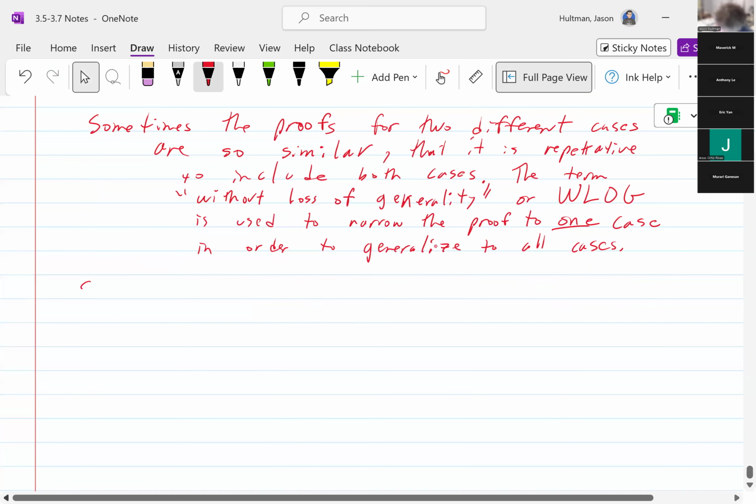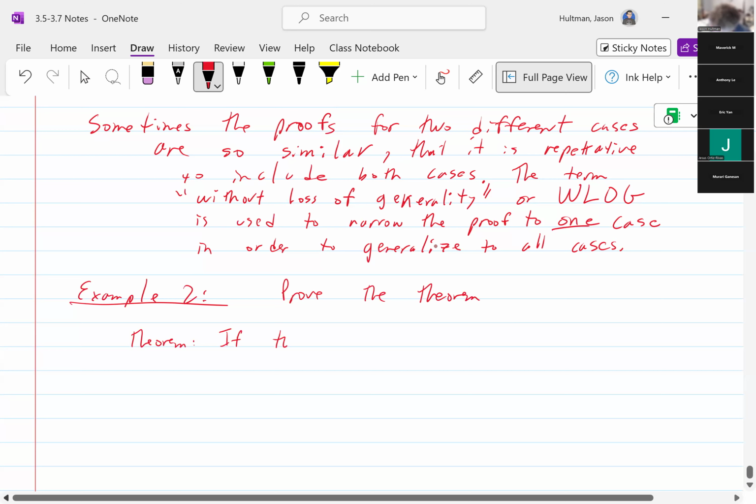Okay, so example 2. Prove the theorem: if two integers have different parity, that is, if one is even and the other is odd, or if one is odd and the other is even, then x plus y is an odd number.